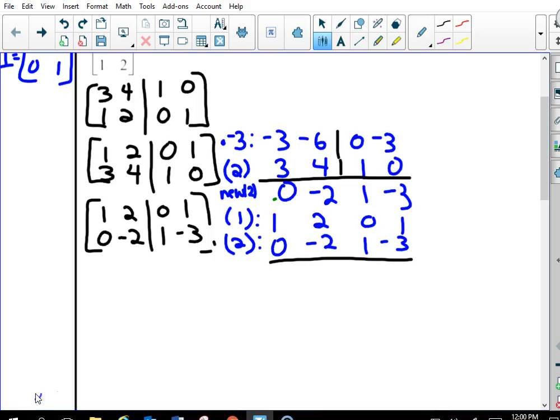And this is my new row 1. 1, 0. And 1 and 1 and -3 is -2. All right, so I'm going to rewrite my matrix.